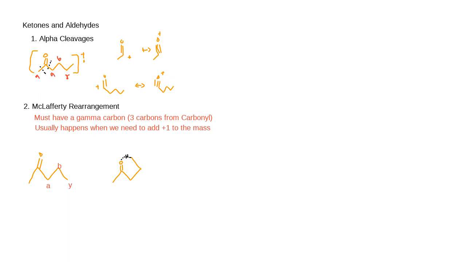Okay. It's forming a connection with the lone pair. The oxygen lone pair is abstracting this hydrogen, and the alpha, beta, gamma are right here. Alpha, beta, gamma. And we're still going to cleave at the alpha carbon because it's still the most stable.